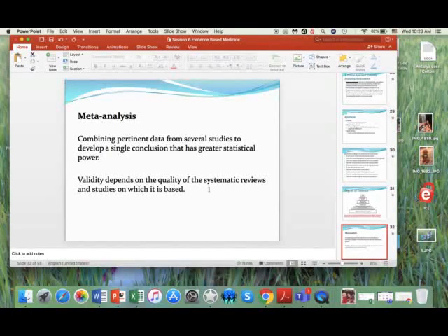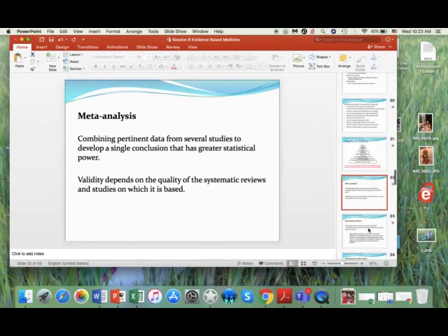The same thing, if you have all these studies that are not high quality, you're not going to have a high quality meta-analysis. But if you have high quality studies, which is the reason why we want to only get pertinent or good data to make up a meta-analysis, if we want a strong meta-analysis, the studies have to be strong as well.